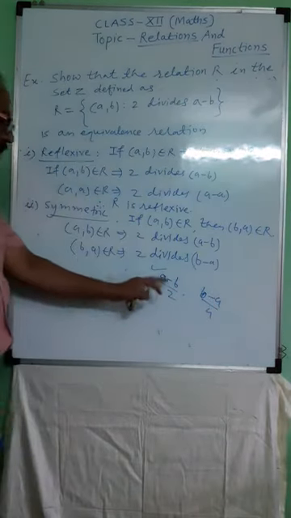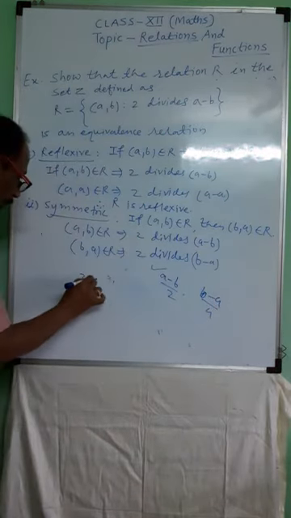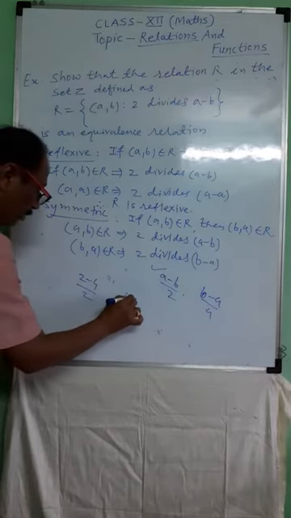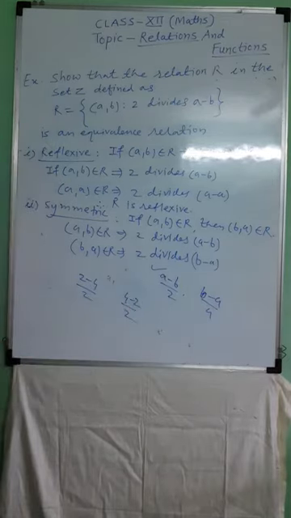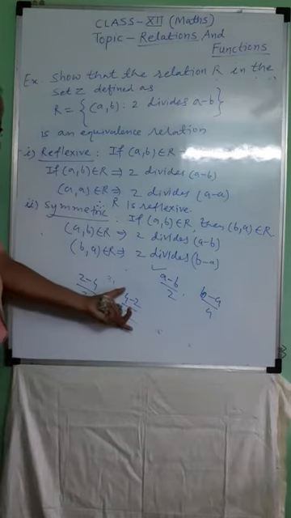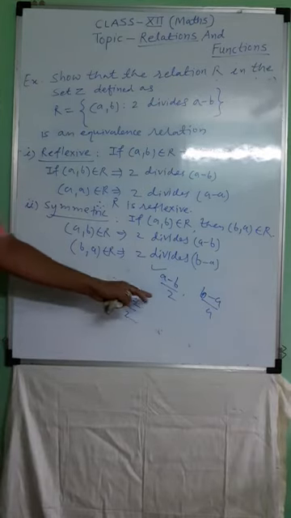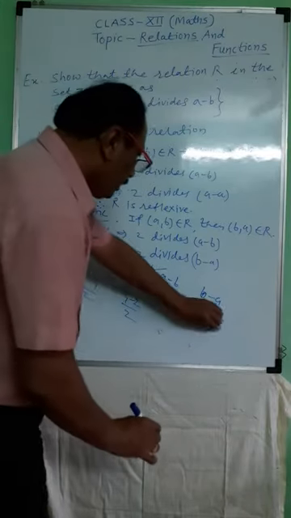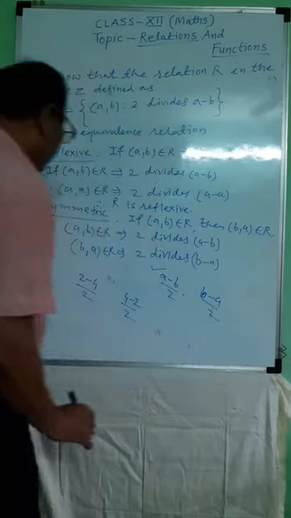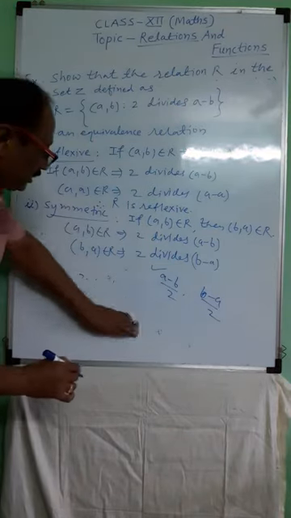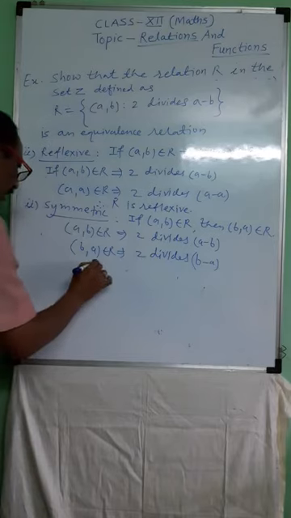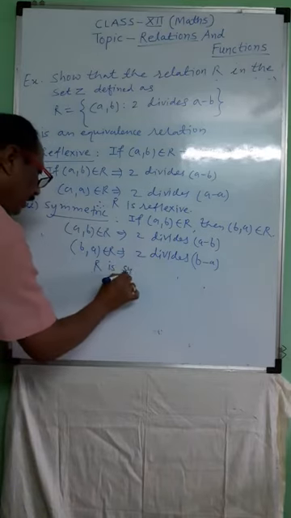For example, if 2 minus 4 upon 2 is possible, then 4 minus 2 upon 2 is also possible. In both cases it is true. Therefore, we can say that relation R is a symmetric relation.